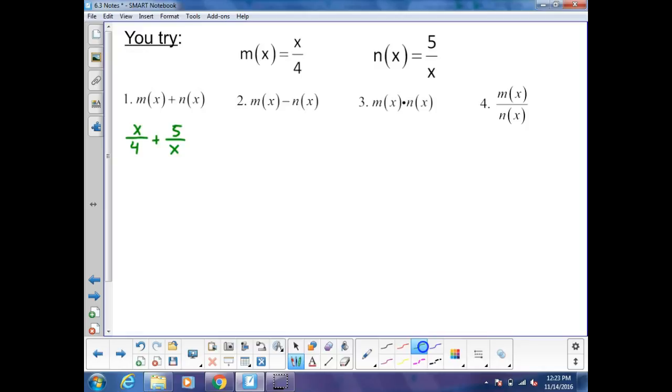Common denominator first. What is my common denominator? 4x. So then this one becomes x squared. This one becomes 20. So this here would be x squared plus 20 over 4x.